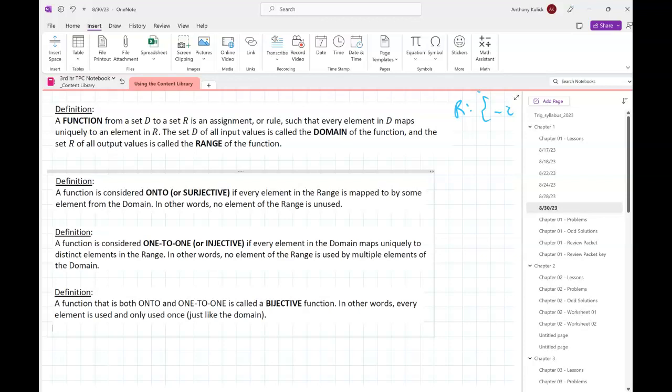And our last term is bijective. A function that is both onto and one-to-one is called bijective. In other words, every element in the domain is used one time, and every element in the range is used one time.